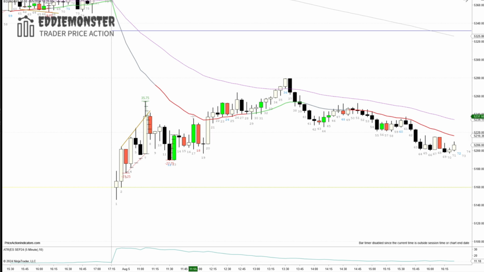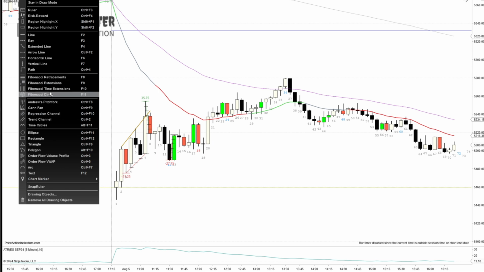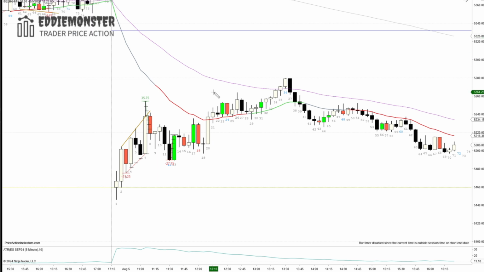We can say this is 1, this is 2, this is 3. Wedge, double top, failing, we can get 27. Signal bar, 23 points. That's the issue.